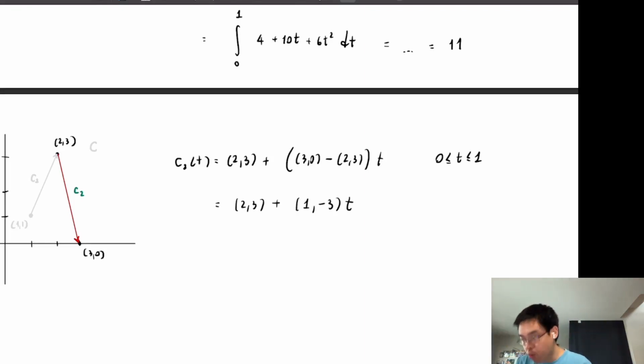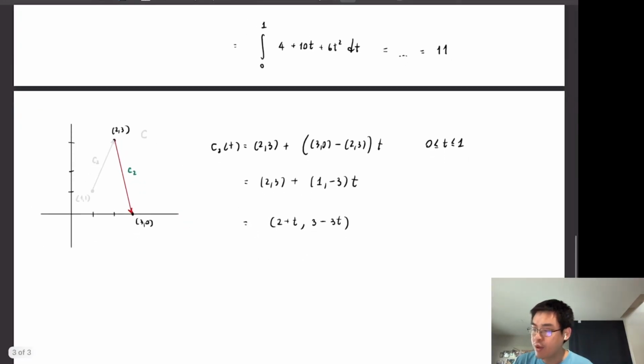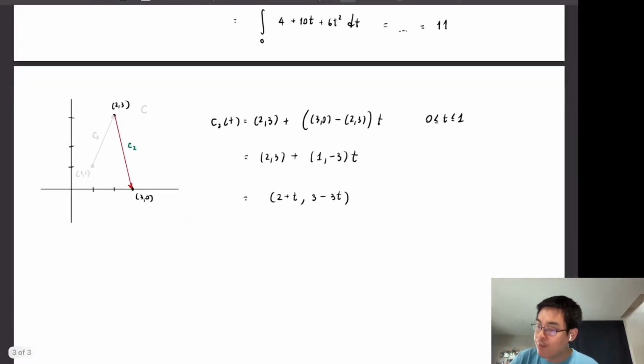Because 3 minus 2 is 1, and 0 minus 3 is minus 3. All in all, you get 2 plus t, and then 3 minus 3t, with t between 0 and 1.